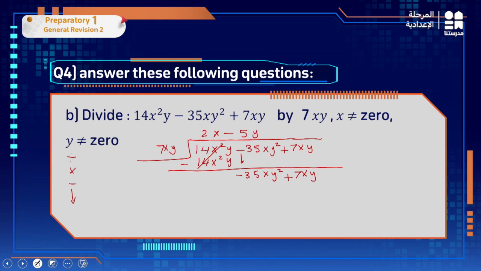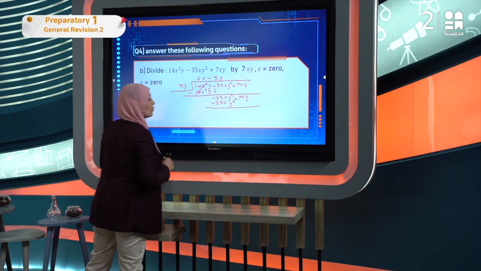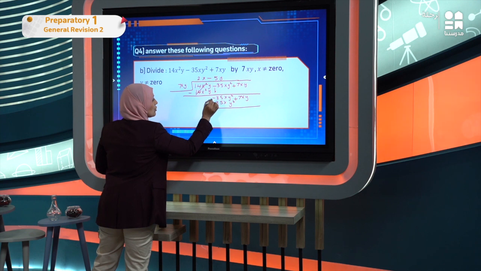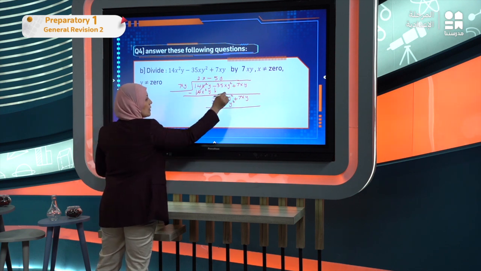Then multiply. Negative 5 times 7 is negative 35. Then x, and y times y is y squared. Then subtract. When you subtract, that means change the sign, by the way. So they will cancel each other.